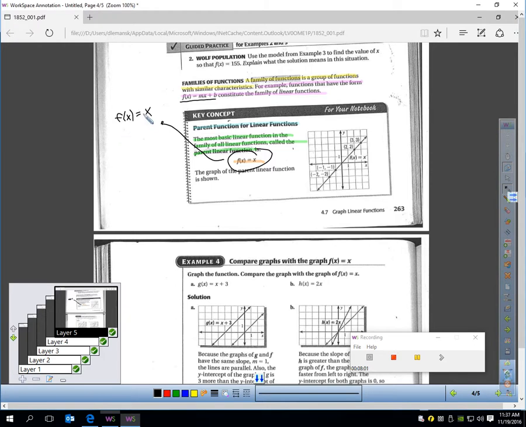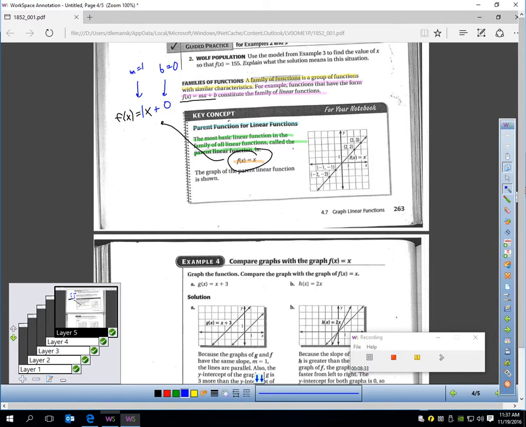That means the slope, let me write it in here in a different color, the slope would have to be 1, and you notice that I do not see a b value here, which means my y-intercept would have to be 0. So this is the parent function. It has a slope of 1 and a y-intercept of 0. The parent function of linear functions always has a slope of 1 and a y-intercept of 0.